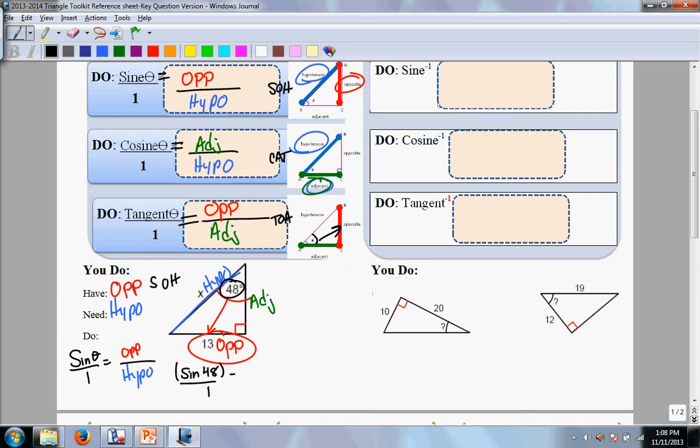I put parentheses around that over 1 equals opposite, which is 13, over our hypo, which is x. We cross multiply. I'm going to bring it up here, so I get sine 48 times x. It's going to equal 13. So I see I need to divide by sine 48 this time.